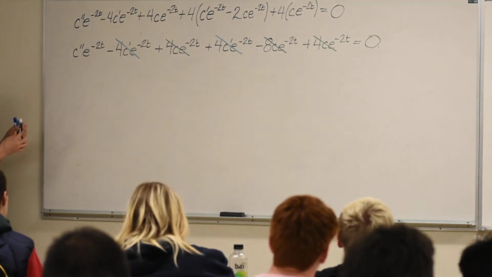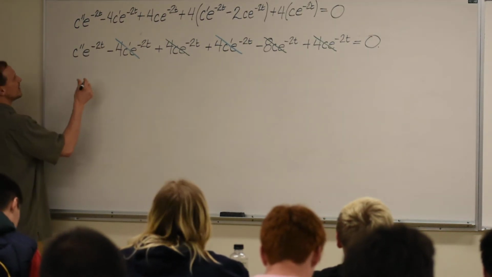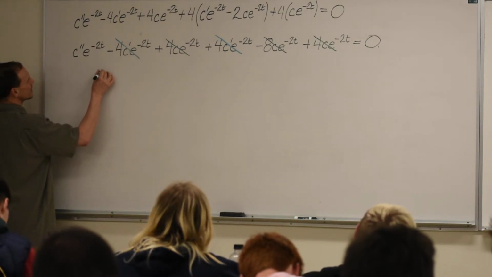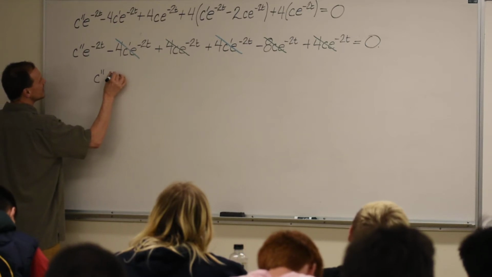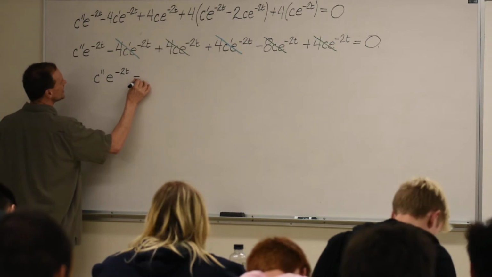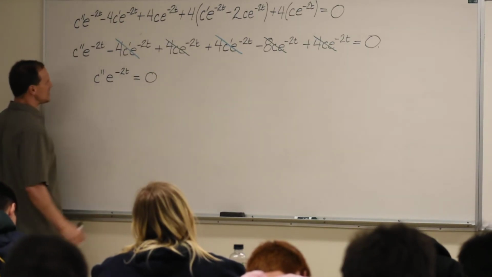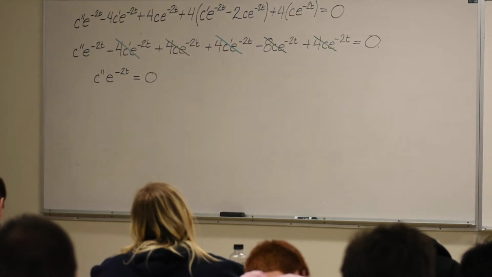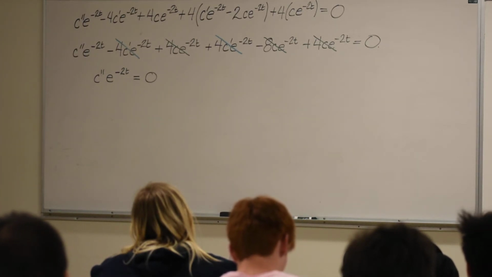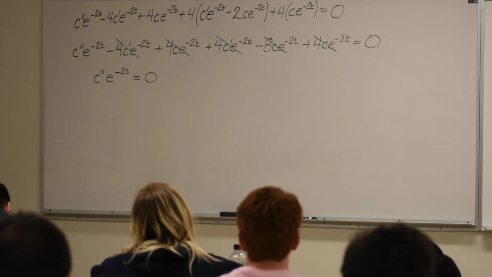So let's see what we have. This gives me C double prime e to the minus 2t is equal to 0. Okay.